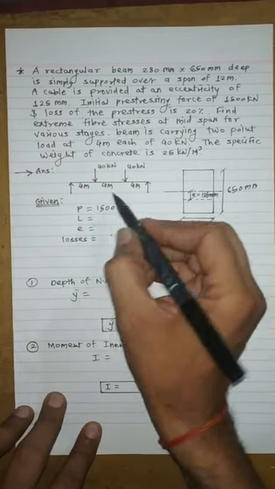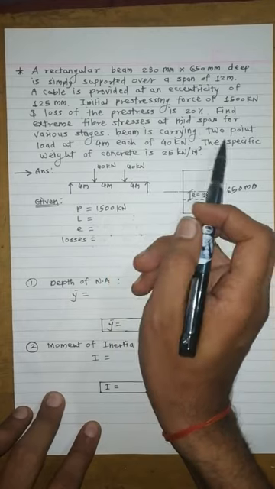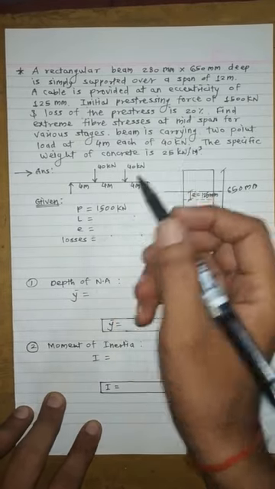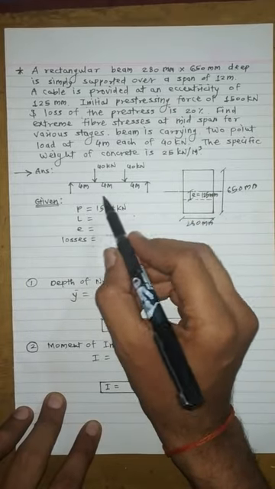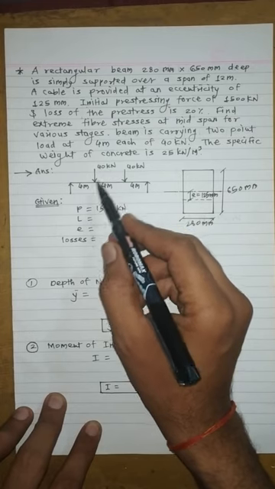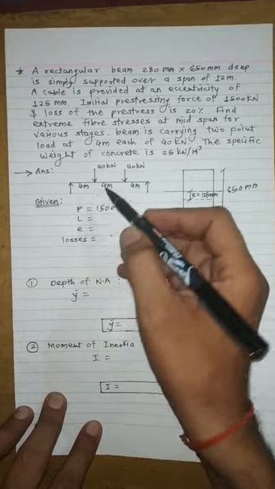Then the length of beam: as mentioned in the problem, the beam is carrying 2-point load at 4 meter each of 40 kilonewton. So diagrammatically, simply supported with point load of 40 kilonewton acting at 4 meter from both ends. So total span is 12 meter.